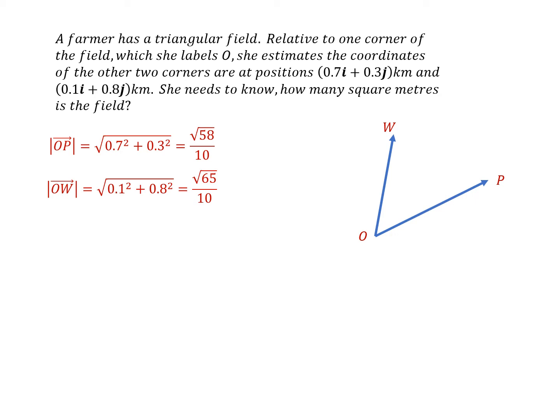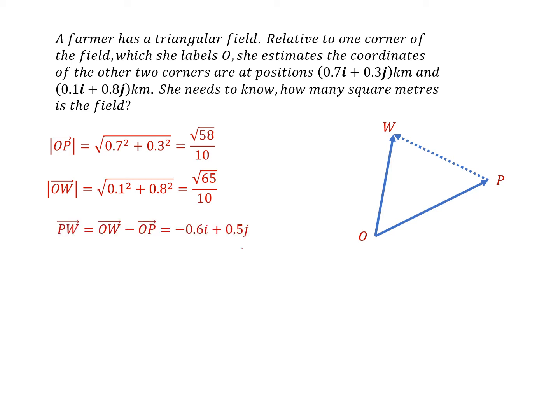So it seems maybe that we've used all the information that we've got in the question, but hang on a minute, these are vectors. If we know the vector OP and OW, we can work out the vector PW. And this vector PW is OW minus OP.